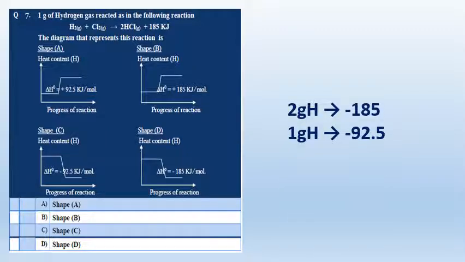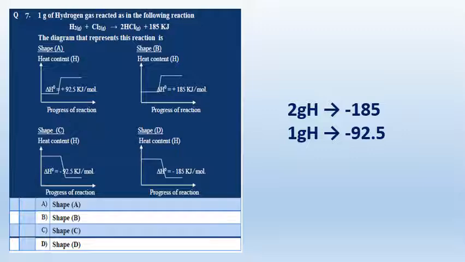Pay attention. In the equation, I have 2 grams of hydrogen, and this reaction releases, so the value will be negative, an amount of heat energy equal to 185 kilojoule. But he asks you about 1 gram of hydrogen. So 1 gram of hydrogen releases negative 92.5.